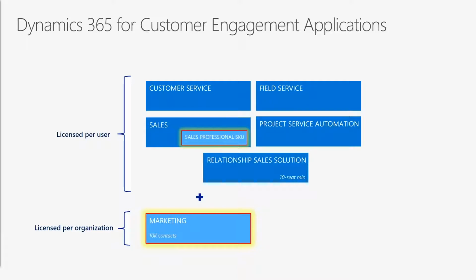Okay, so very quickly on the licensing. The way Dynamics 365 for Marketing is licensed is a little bit different from the other apps that you know, like Sales, Customer Service, and Field Service, which are all licensed per user. Dynamics 365 for Marketing is licensed per organization, based on the number of contacts.